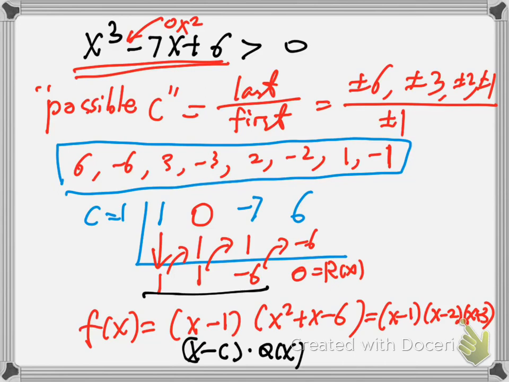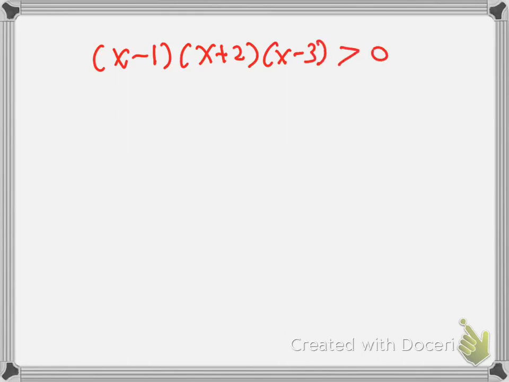So now the inequality we want to solve is x minus 1, x plus 2, x minus 3 is greater than 0. Yeah, so there's a mistake, it is plus 3 minus 2. Okay, so there was a mistake in my solution PDF file.